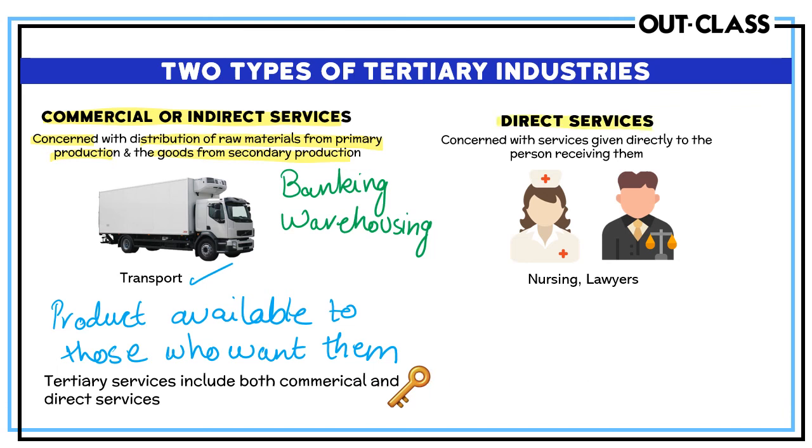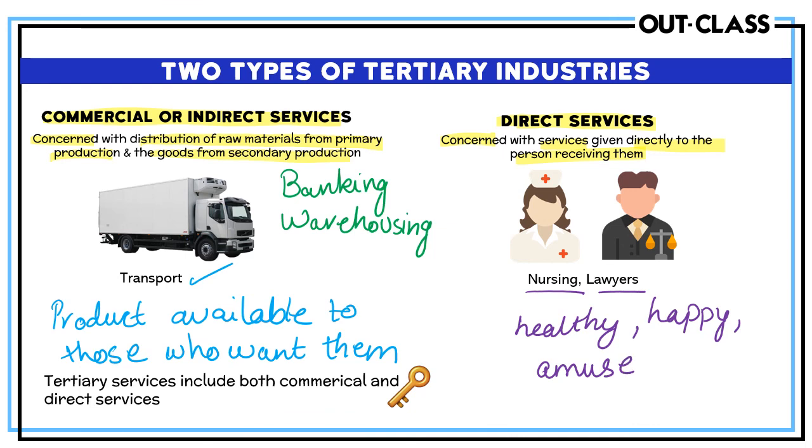Then we have the direct services, which are concerned with services given directly to the person receiving them. These people, like nurses or lawyers, do not produce goods but provide services, and these services make people healthy, happy, or more secure, or even amuse them, talking about entertainment.